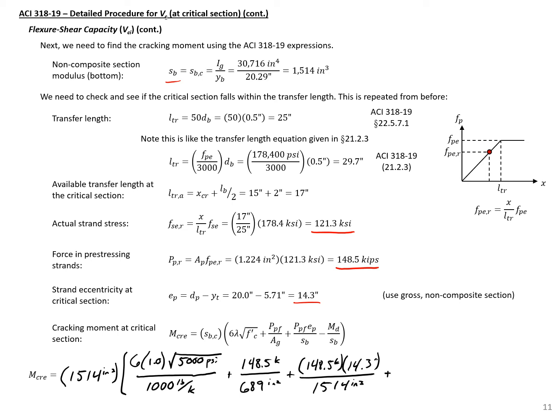And then, minus 292 kip inches divided by 1,514 inches to the third. So we'll get this value then to be 2,799 kip inches. So this is our M sub CRE.